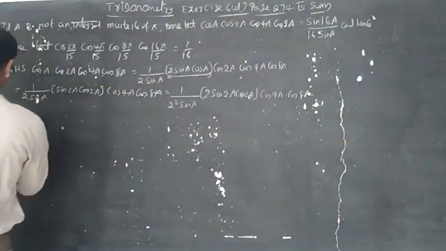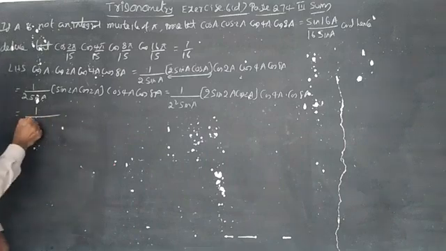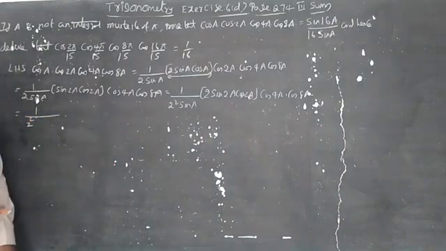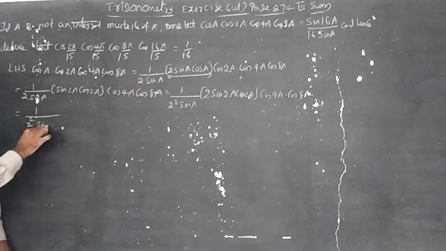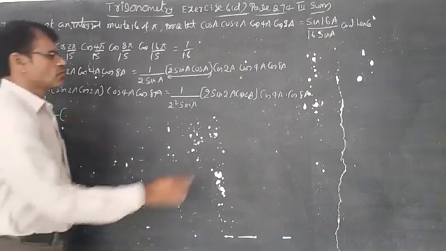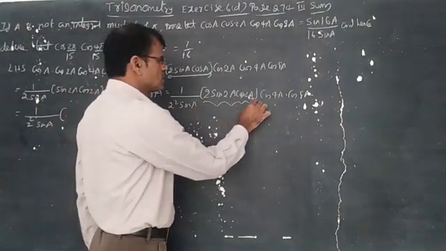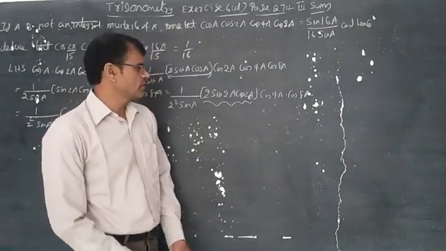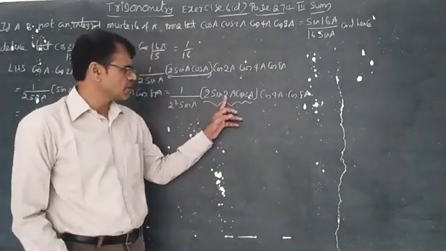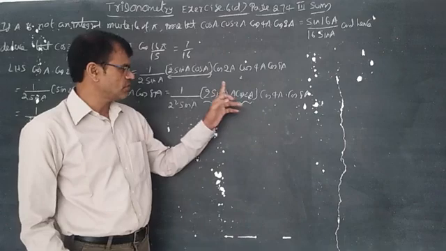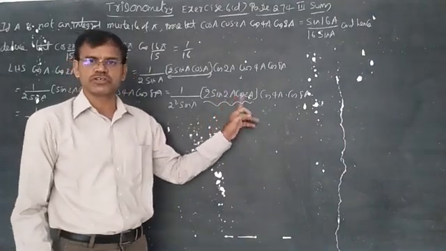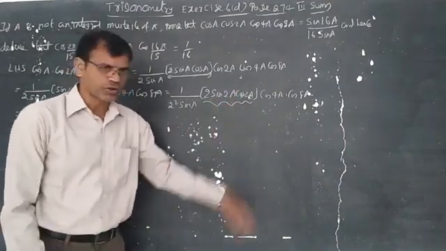That is equal to 1 by 2 square sin A into, here we know the formula of 2 sin A cos A is sin 2A. Whenever it is A, the formula is sin 2A. Whenever it is 2A, the formula is sin 2 into 2A, it becomes sin 4A.